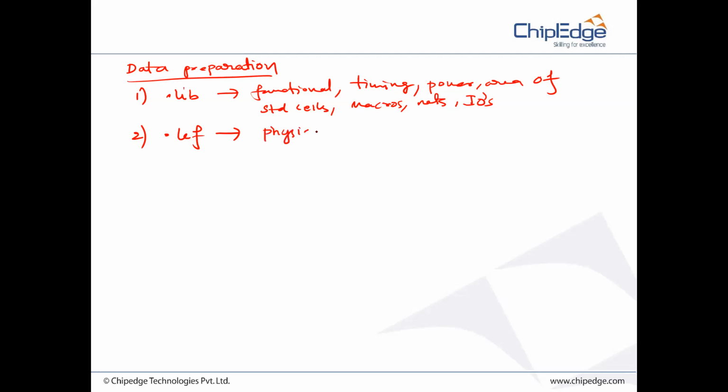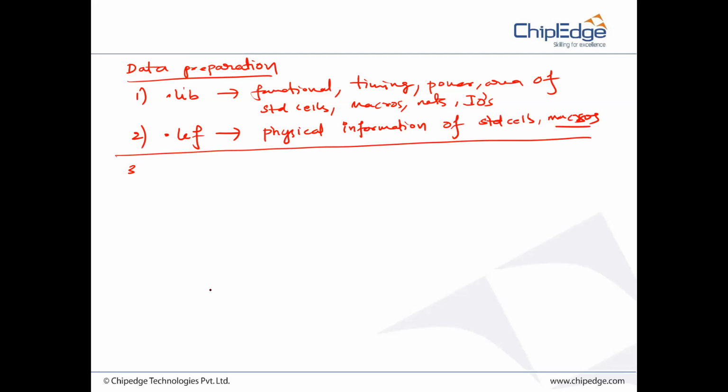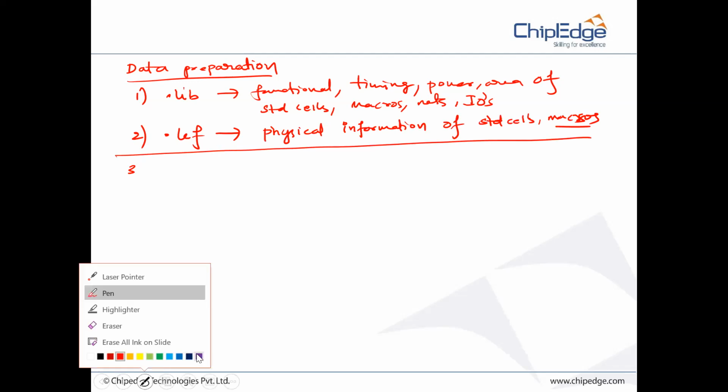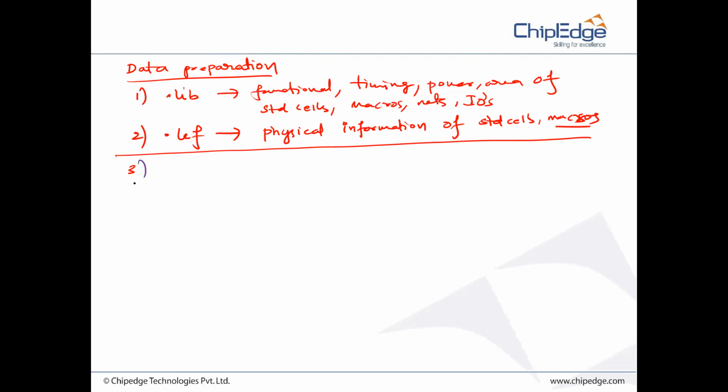Physical information of standard cells and macros, and everything, whatever is there above, right? Is that clear? Yes, sir. So this comes from your library team. Same way now, next input, TLU plus. Okay, we will see about foundry inputs. What are those?